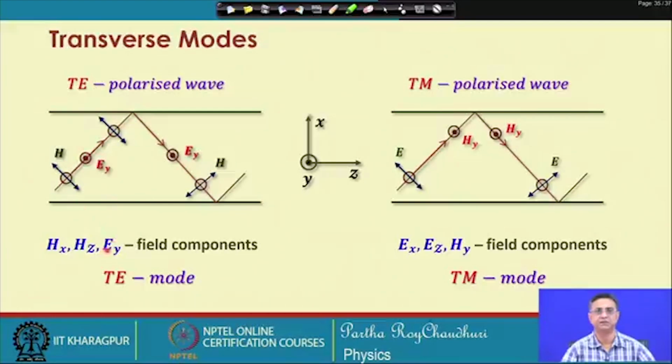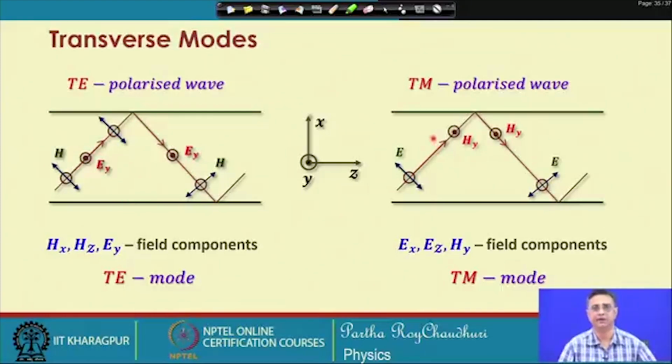So, that is represented by E y, whereas the magnetic fields will have two components H x and H z for this TE polarized wave, and with respect to the structure, when the waves will be guided in this structure, we will call this a TE mode.